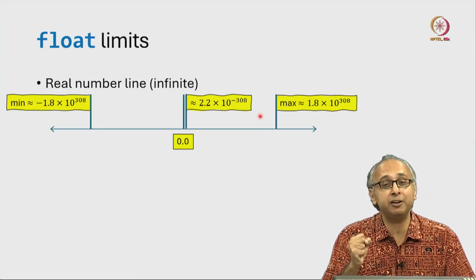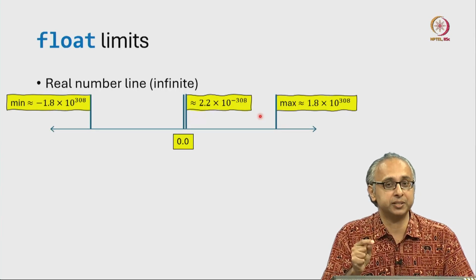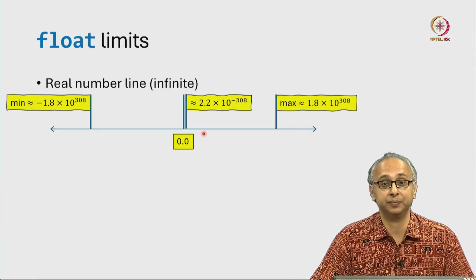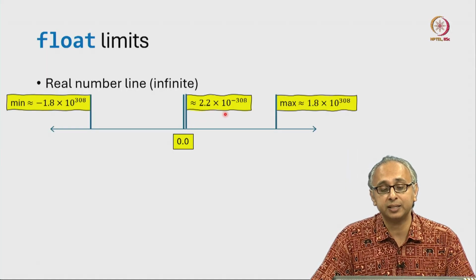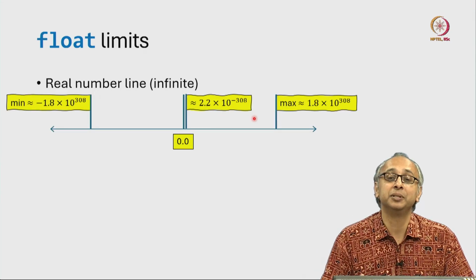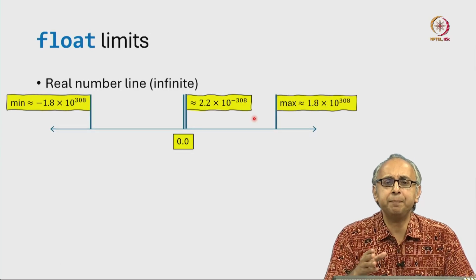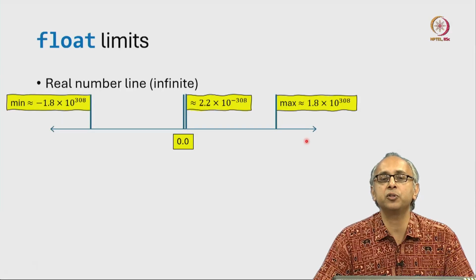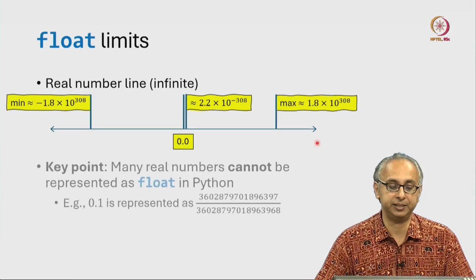So that's a very, very small magnitude number. It is positive, but there's a tiny gap between 0 and that. So for example, half of this number, which is roughly 1.1 times 10 to the power minus 308, that number cannot be represented. So there are gaps in the real number line. Only some of the points along this infinite continuum can actually be represented.